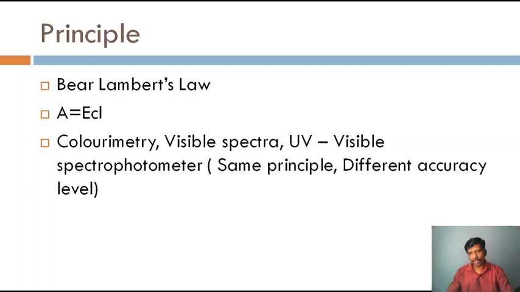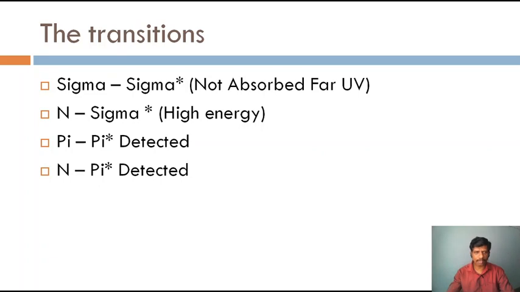And therefore, the whole spectrum from 200 to 800 is passing through the sample, and that is how UV visible spectroscopy is more accurate than colorimetry. Principle wise, though it is the same, accuracy wise there is a lot of difference.